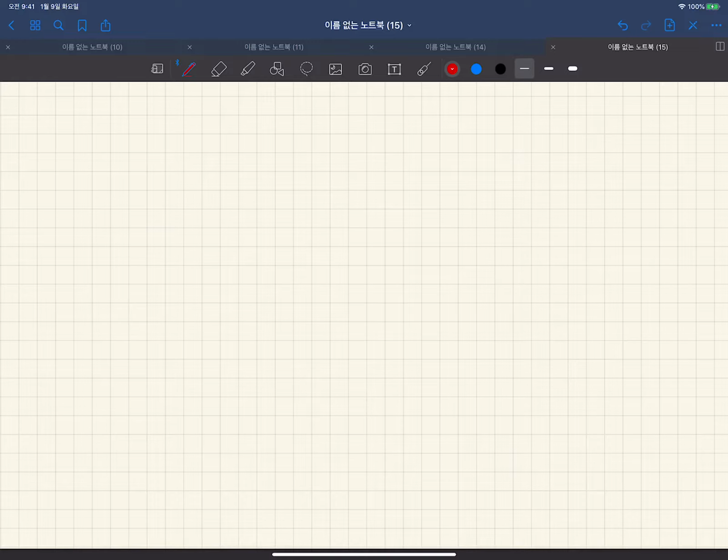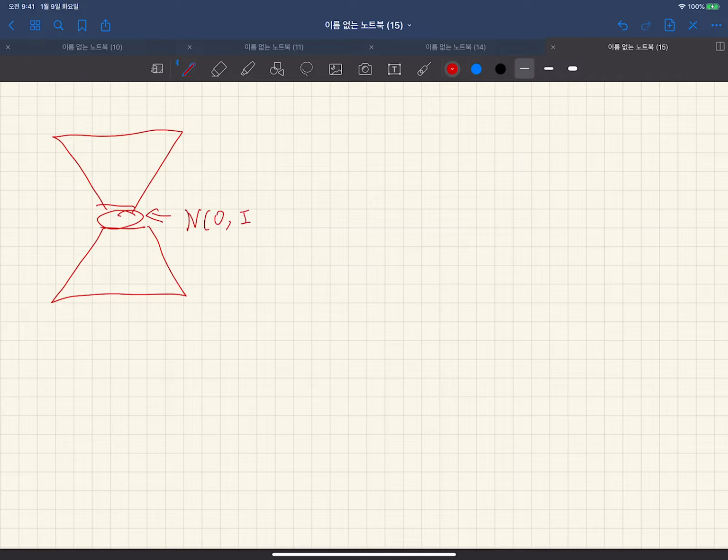So variational autoencoder introduced some constraint on latent space so that the latent value here follows some normal distribution, with zero mean and identity covariance matrix.